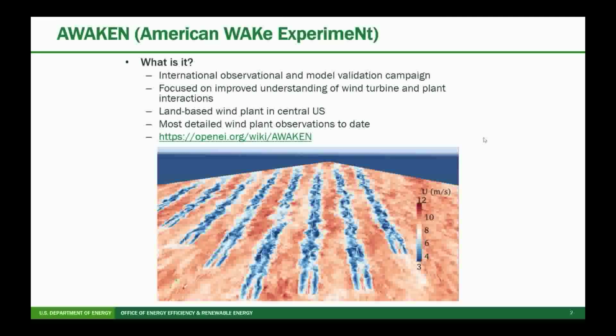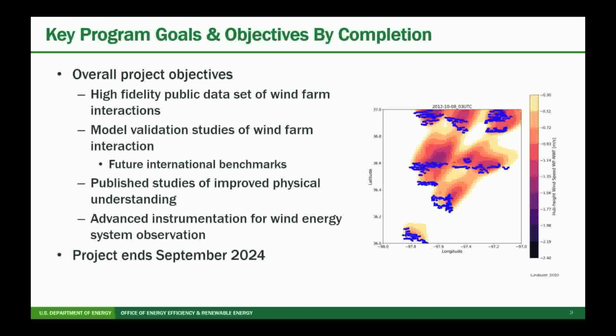So the overall goals of the project, really, again, just to get a large data set, sets of new observations of wind farm interactions with the atmosphere. Use those observations to validate and improve models.